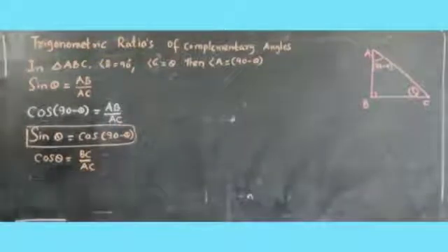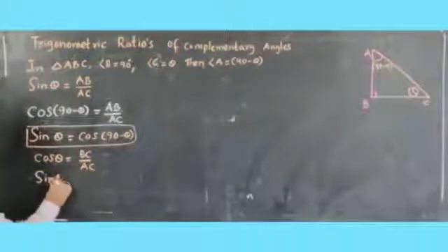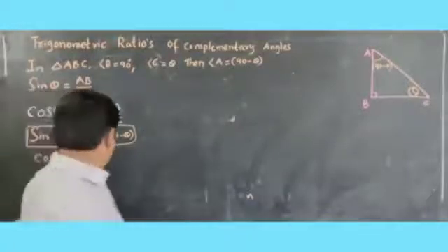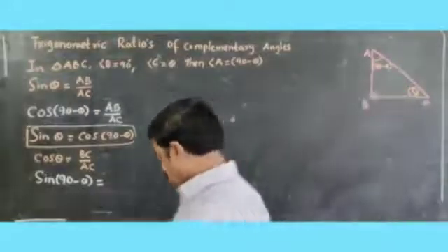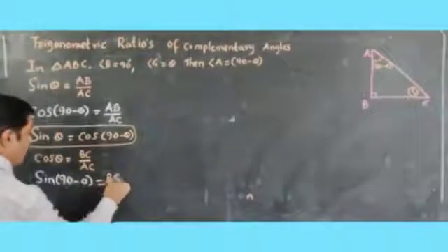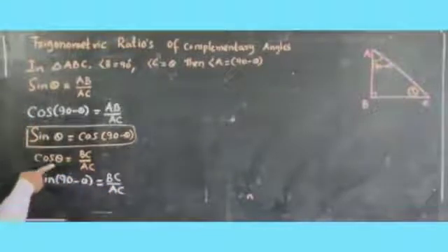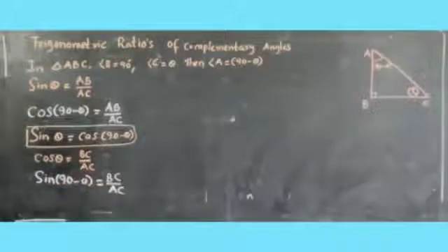And the same way sin 90 minus theta: opposite side to 90 minus theta is also BC, by hypotenuse. So what happened? Cos theta is equal to BC by AC. Sin 90 minus theta is also equal to BC by AC.